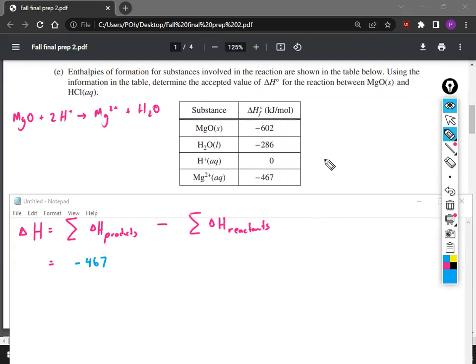Just make sure at the very end your final answer has units of measurement. Now we're going to find the sum of that with the other product, which is H2O, and H2O is negative 286. That's all of our products.